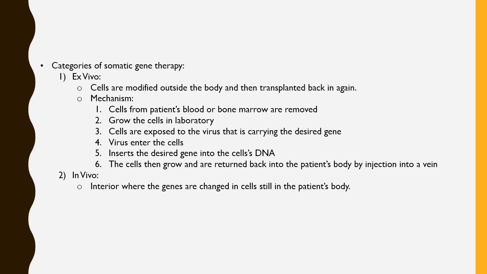When the virus enters the cell, it will insert the desired gene that it carries into the cell's DNA. The cells are then let to grow and returned back into the patient's body intravenously. The second category is in vivo. It is principally the same as ex vivo, except that the gene transfer occurs while the cells are still in the body.